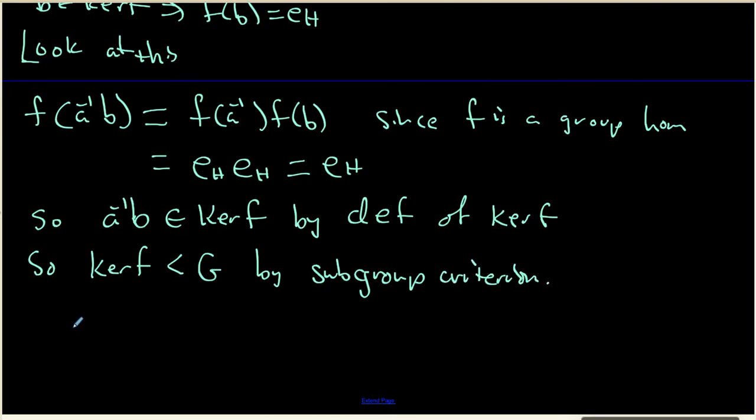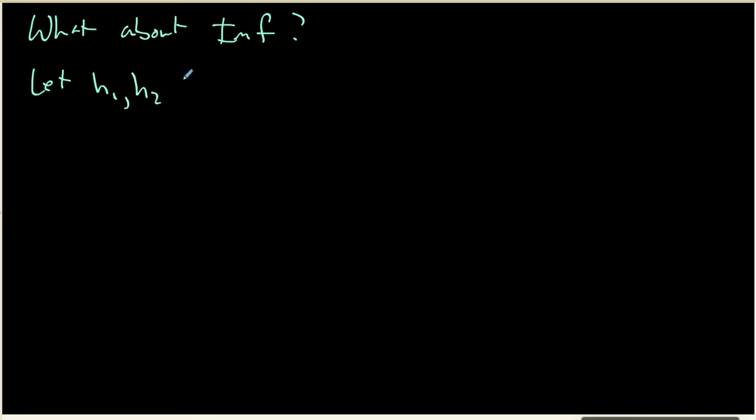Okay, well, once we have that, we now turn our attention to what about the image? I'm going to let two things be inside the image of f, and I'm just going to call them h1 and h2.